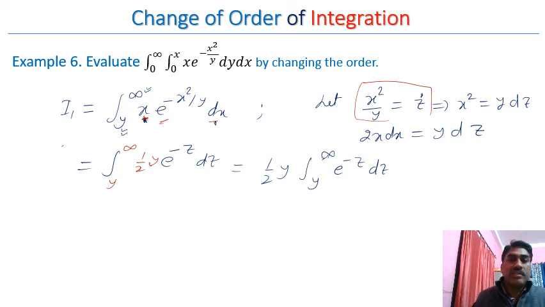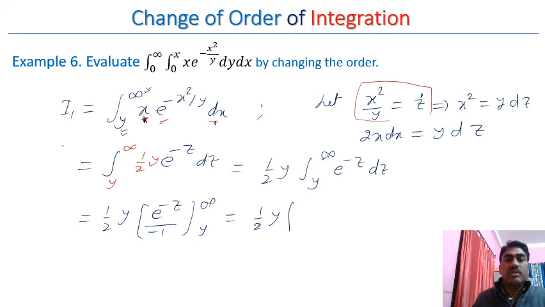This is very easy. 1 by 2 y, and then e to the power minus z by minus 1, and limits are y to infinity. So put the limits, at upper limit z is equal to infinity, this will become 0, minus at the lower limit it will become e to the power minus y by minus 1. So what we obtained, I1 is equal to 1 by 2 y e to the power minus y.